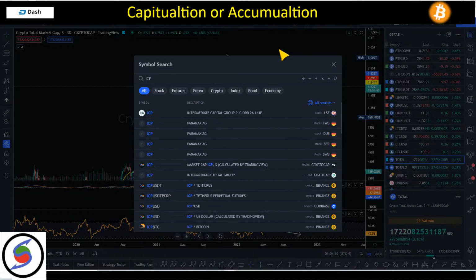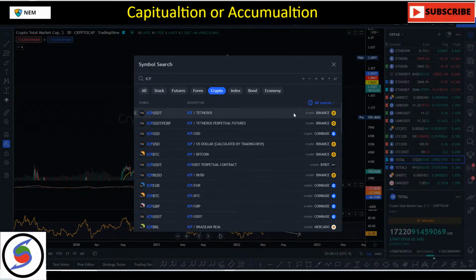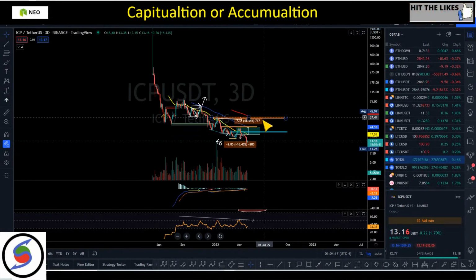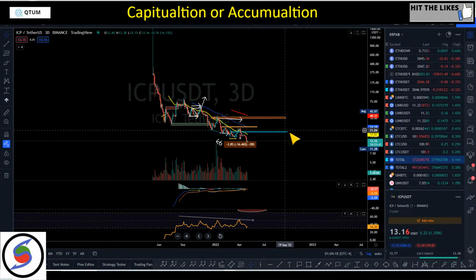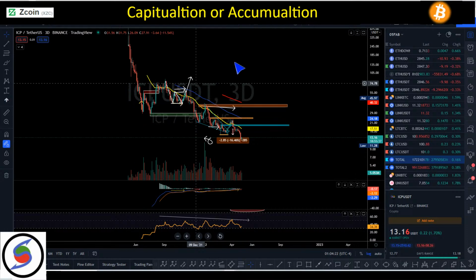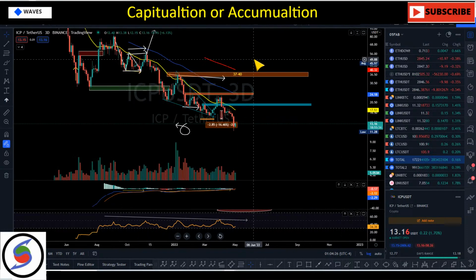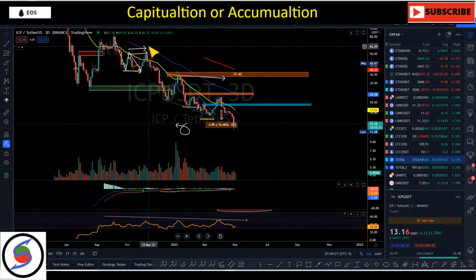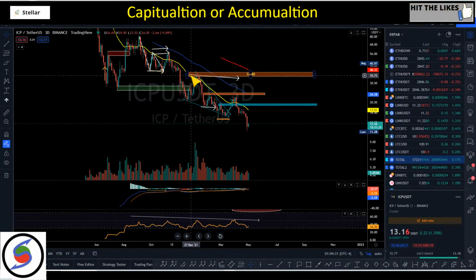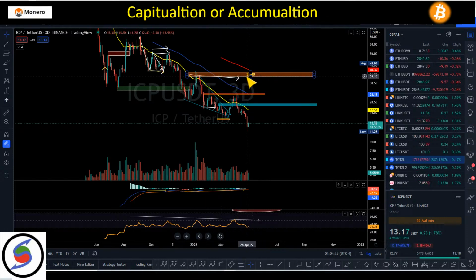So ICP has a strong resistance right here around $37 to $40.